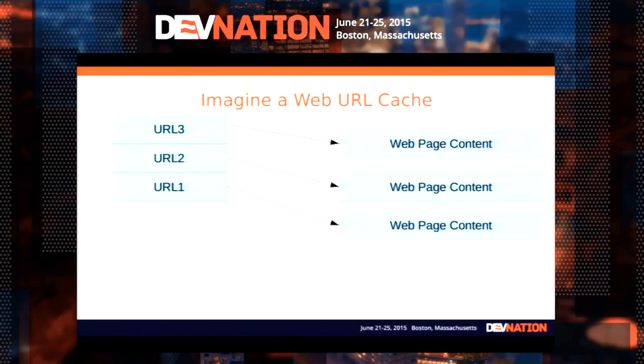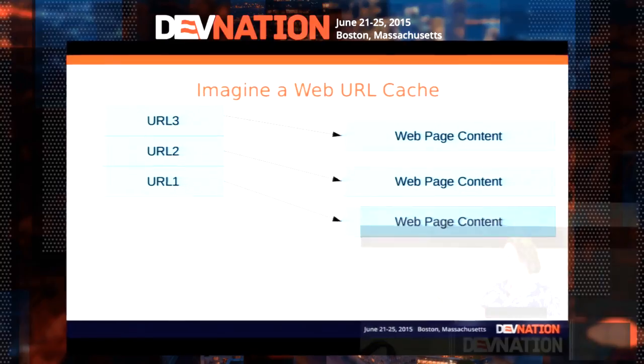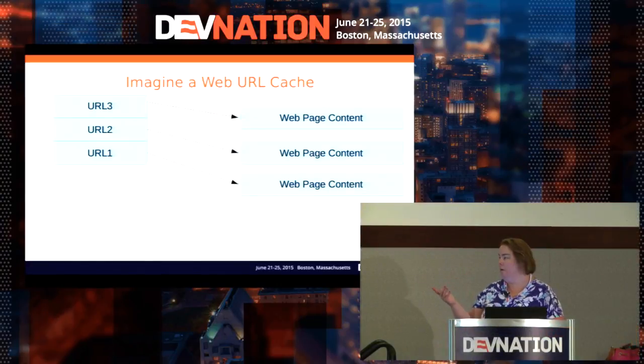Imagine you had a web URL cache where you get URLs and you map them to a whole bunch of objects that represent web page content. If this is a least recently used cache, when a new URL comes in, it's going to evict URL 1. And URL 1 has been around long enough that it's probably been promoted into the old generation.